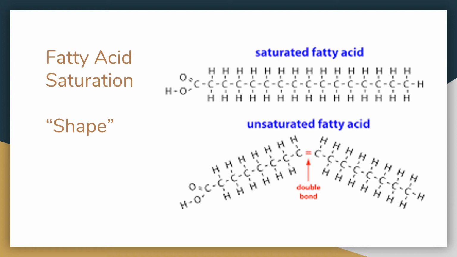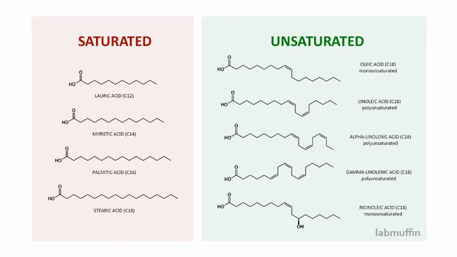When we talk about saturation of the fatty acid chain, when we see the double bond existing, you notice how this now has what we call a kink. It's bent. So the presence of a double bond in a fatty acid chain typically determines the shape of the fatty acid. So unsaturated fatty acids are going to be a little bit more fluid in nature, again, lipid, and saturated fatty acids are going to be a bit more solid in nature, or fat solid.